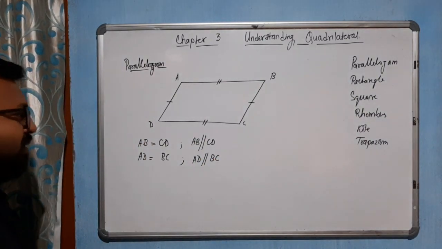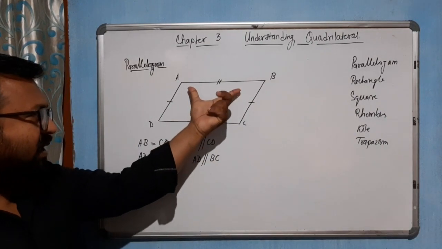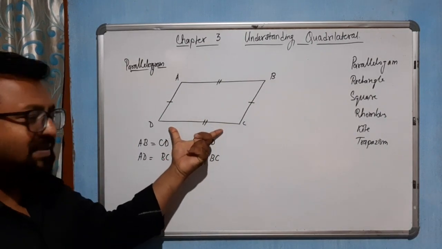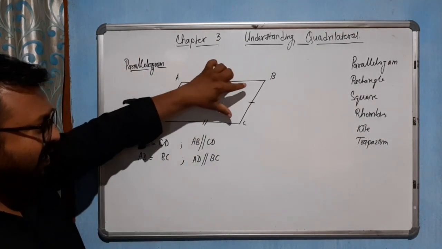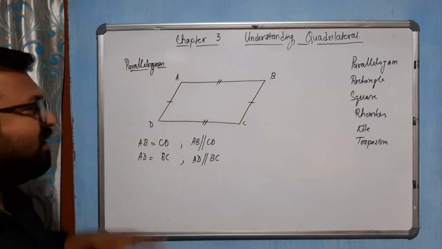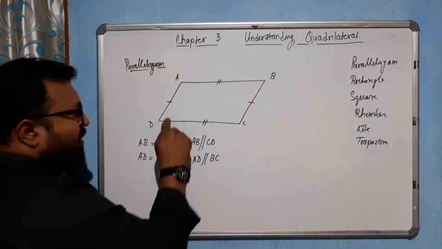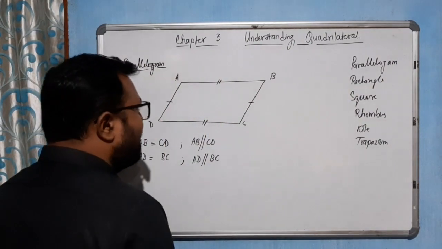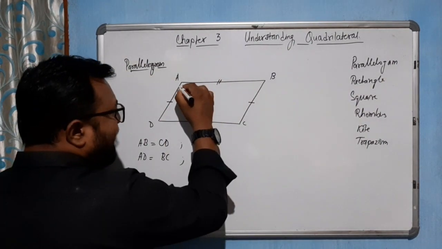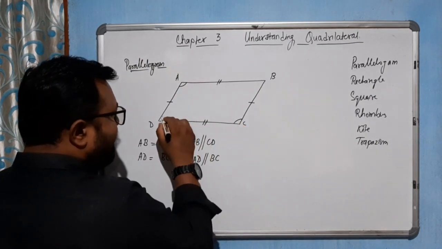It shows that side AB is equal to side CD as well as parallel, and side AD is equal to side BC as well as parallel. So this type of figure is known as a parallelogram. In this parallelogram, the opposite sides are equal. Then the opposite angles are also equal.